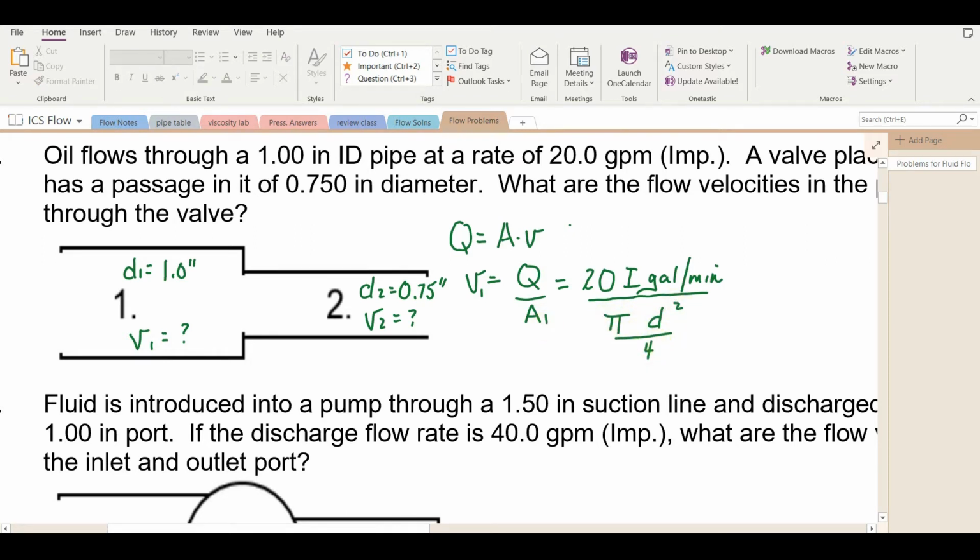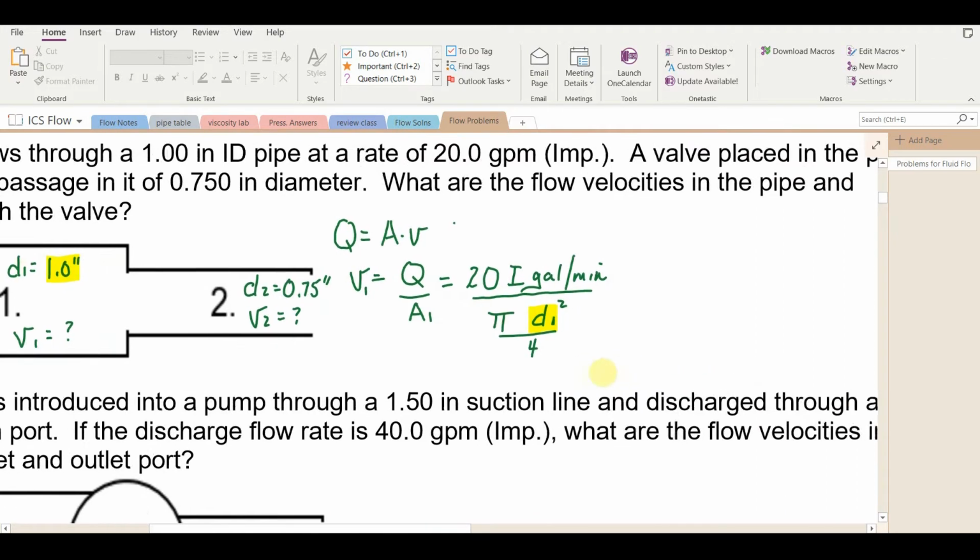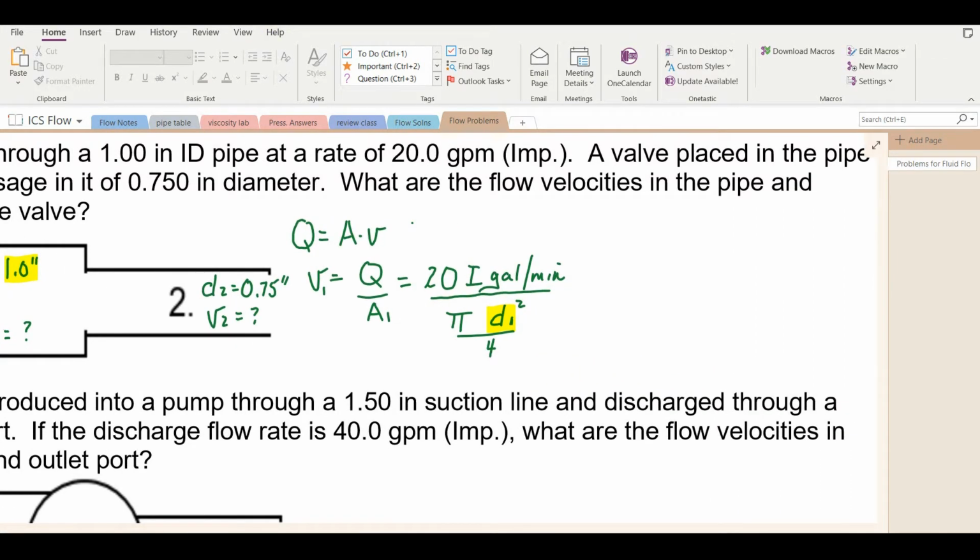Now, if you want area 1, we need diameter 1 to get velocity 1. So we're given D1 right here. Now, the only thing we have to be careful of here is to get a consistent set of units. So we need to convert this to cubic feet per second from imperial gallons per minute. And we'll have that divided by square feet, and that'll give us feet per second, and that'll be V1.